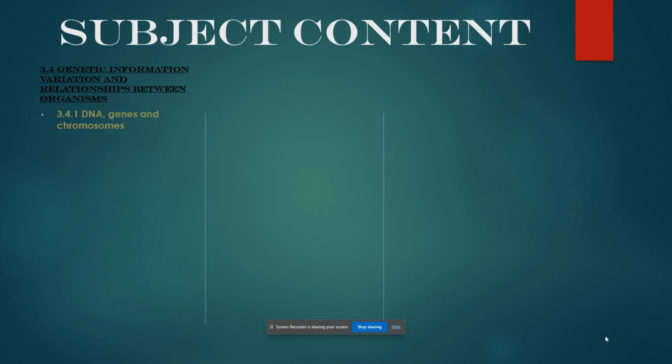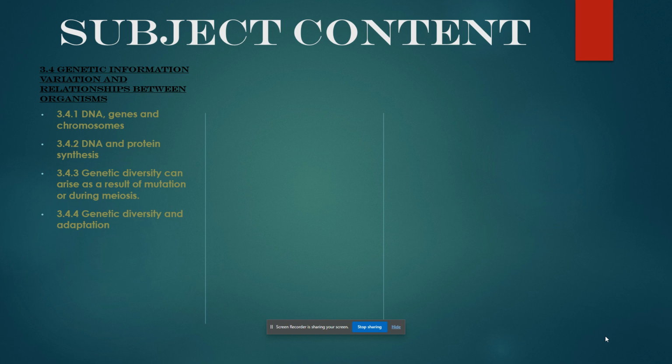Element 3.4.1 DNA, genes and chromosomes. 3.4.2 DNA and protein synthesis. 3.4.3 Genetic diversity can arise as a result of mutation or during meiosis. 3.4.4 Genetic diversity and adaptation. 3.4.5 Species and taxonomy. 3.4.6 Biodiversity within a community. 3.4.7 Investigating diversity.